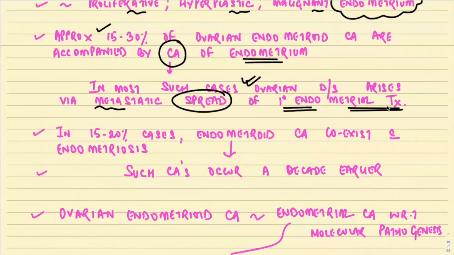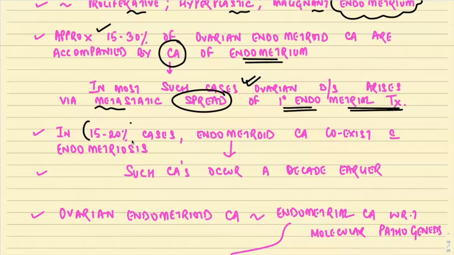So try to understand, in 15 to 30% of the cases, ovarian endometrioid carcinoma happens along with carcinoma of the endometrium. Is this very clear? In such cases, the carcinoma of the ovary is nothing but a metastasis from the primary endometrial carcinoma in the uterus. Is this point very clear?